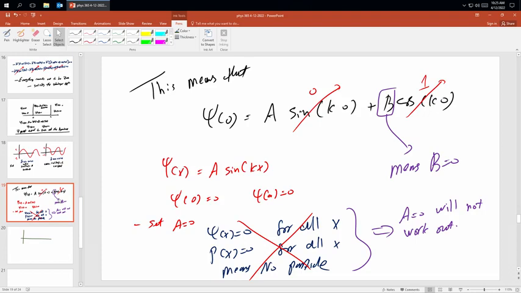Actually, let me just write this over here. Let me just adjust this so it can actually be understandable. Let me just say kx is going to 0, and cosine kx is going to 1. That means B is 0. Is that better?